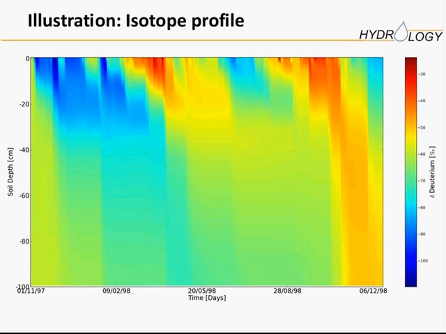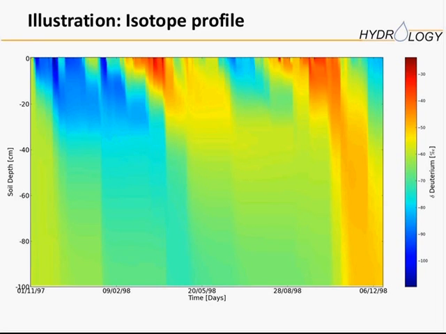This is just an illustration of what the results will be. For example, if you now have that fitted model and you run it for 2 years, the color coding is the deuterium concentration in the soil from 0 to 1 meter depth. Due to the variation in the input, we have different deuterium concentrations moving slowly into the soil, but also partly diminishing, and that diminishing is mostly a result of evapotranspiration, the root water uptake.